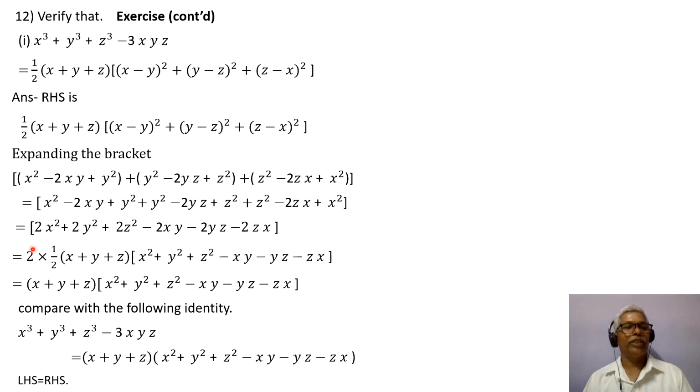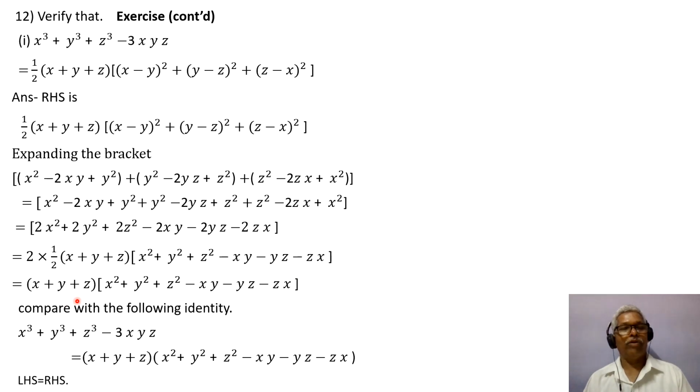Okay, so these two go with these two and we are left with (x + y + z) in one bracket, and another bracket is x² + y² + z² − xy − yz − zx, bracket complete.